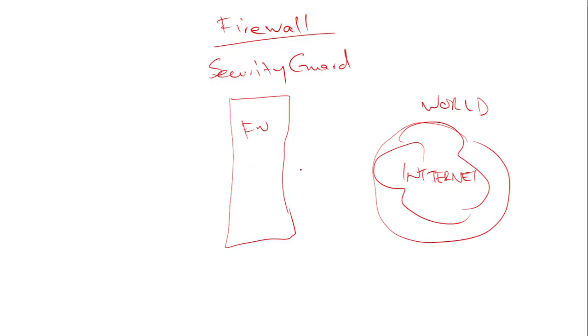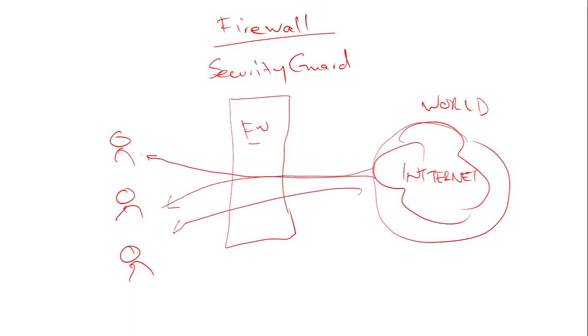So in order to protect our organization from the bad people living in the internet, we deploy a firewall. The role of the firewall is to inspect what is coming from the world into our organization, to our users.